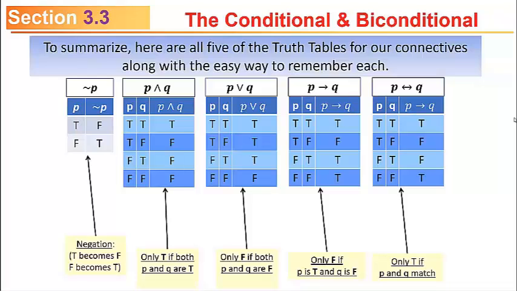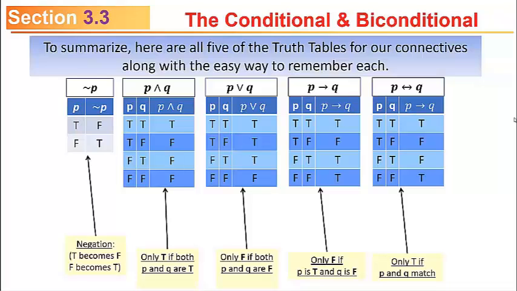For the and, the memory aid is it's only true if they're both true. For the or, the memory aid is it's only false if they're both false. For the implication or the if-then, it's only false if P is true and Q is false. To me, that's the hardest one to remember.